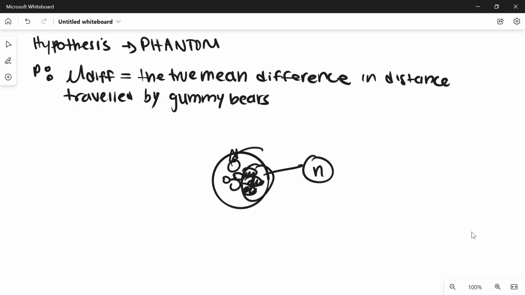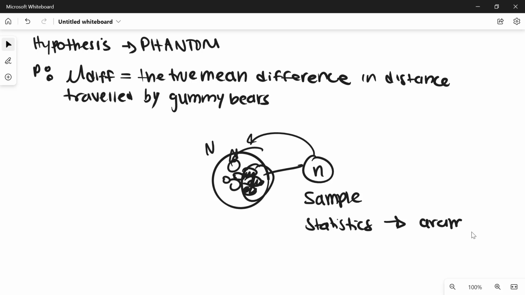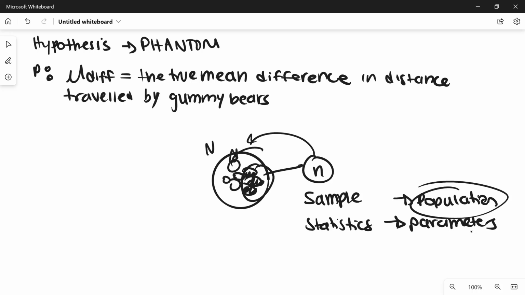Statistics are the same thing as parameters, but an estimate of those parameters.